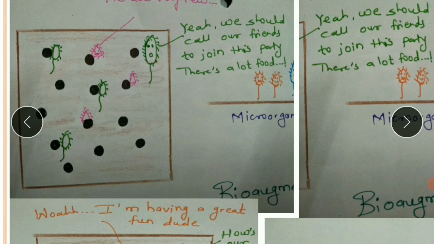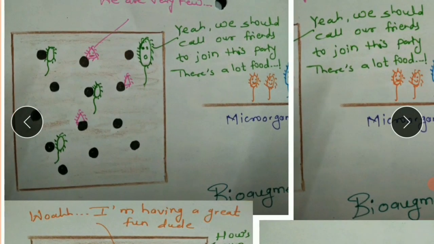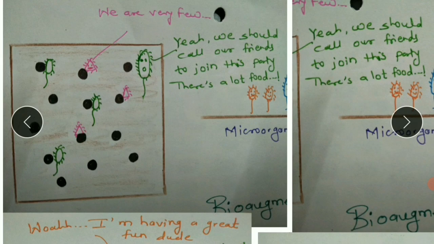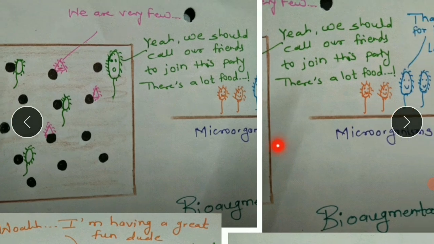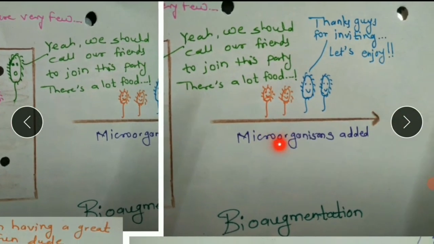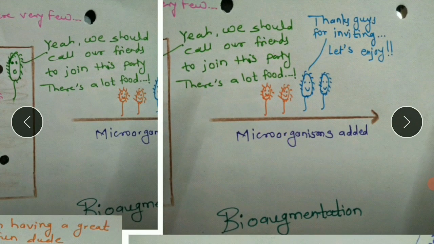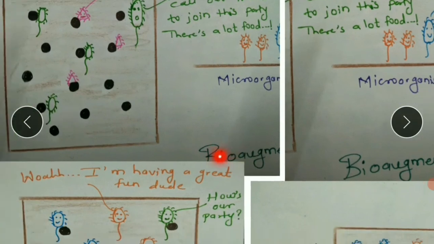In this box, the black dots represent the contaminants or pollutants, and the pink and green microorganisms are some endogenous microorganisms. There is a lot of food over here, and those bacteria are bored because they are only two, and they want to welcome some friends and have some fun. Let's have a party. So let's add microorganisms, invite some microorganisms.